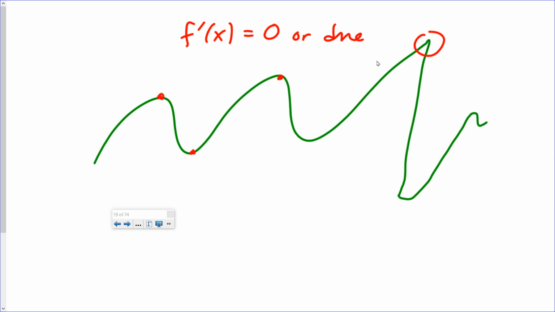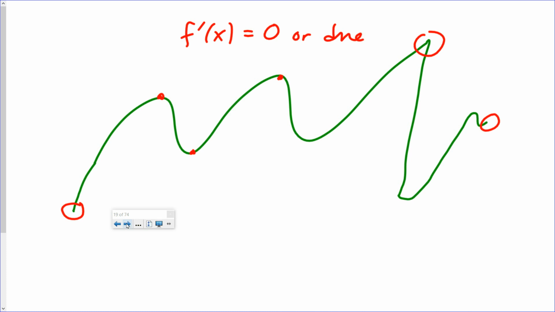D and E, right? Because could a peak happen at a sharp turn? Yes. Once you get all of those points, you're going to say, absolute maxes and mins could actually happen at endpoints too. So you're also going to get the endpoints. And then you're going to find the y value of every single one of these points, and you're going to tell me where the maximum is or where the minimum is.